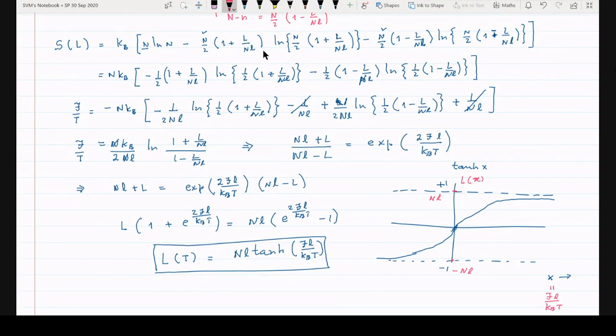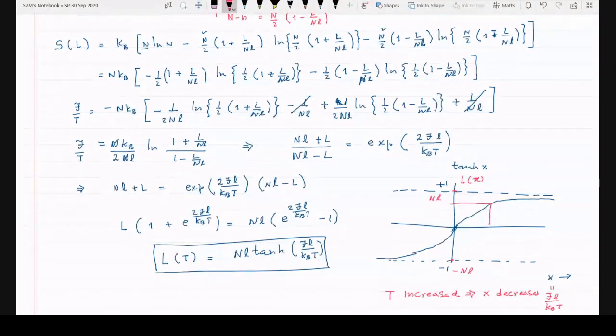Now suppose you have some value of x. Suppose you increase the temperature, what happens? Suppose temperature is increased. This implies x actually decreases. So suppose for a given value of x, this is the length of your polymer.